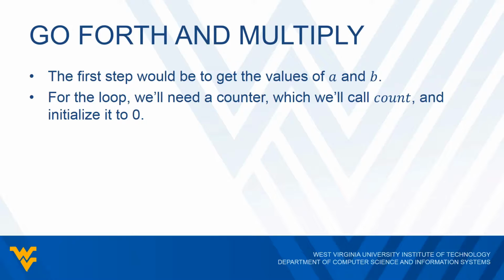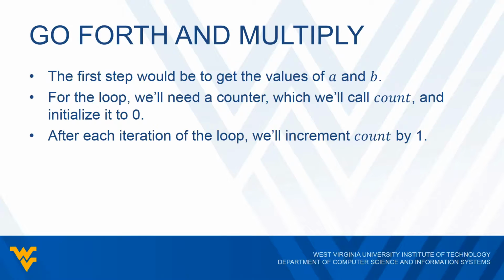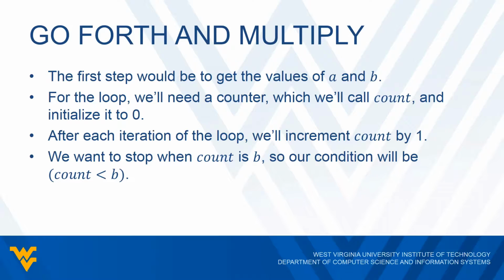After each iteration of our loop, we'll increment count by 1. That way count will just tell us how many times we have gone through this loop. And we want to stop whenever count becomes b. So our condition is going to be count is less than b. Whenever count does become b, that means we have gone through the loop exactly b times, and we can get out of the loop and say that we're done.